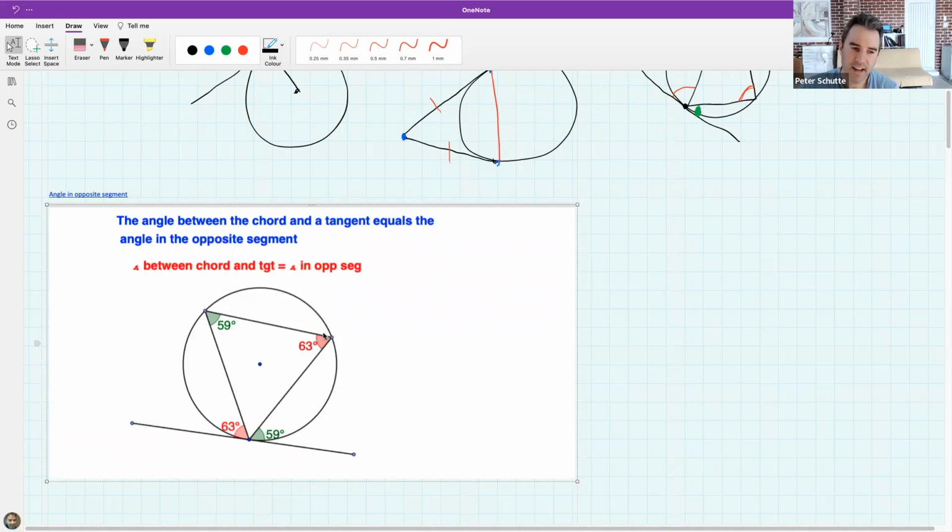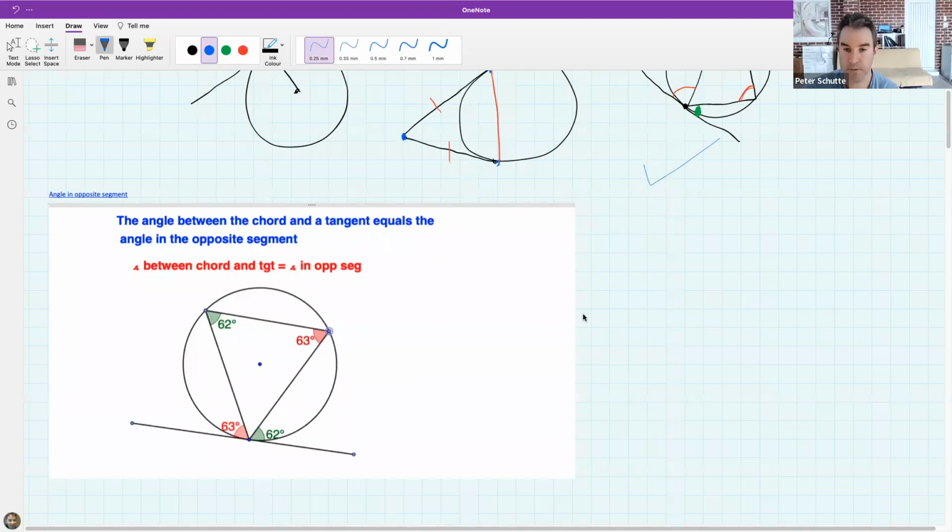Now, as we start here, you'll see that the pairs of angles are equal to each other. And what I'm going to do is start moving around things that I can move around. Now, what you'll notice is that even though the angles change, the relationship between the angle between the tangent and the chord and the angle in the alternate segment stays the same. And so this is the theorem that I was trying to show you up here.